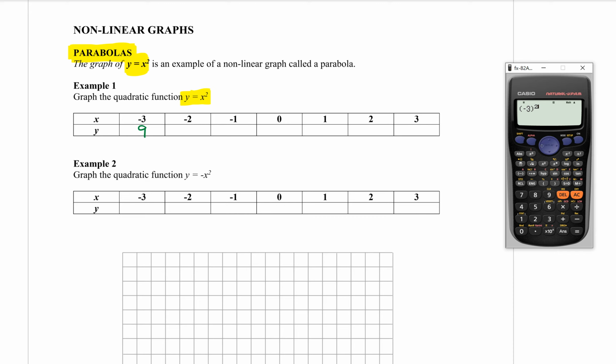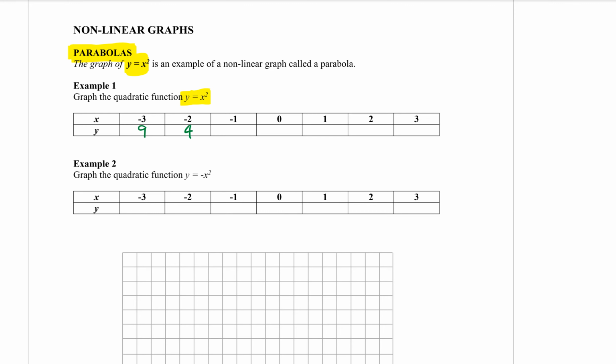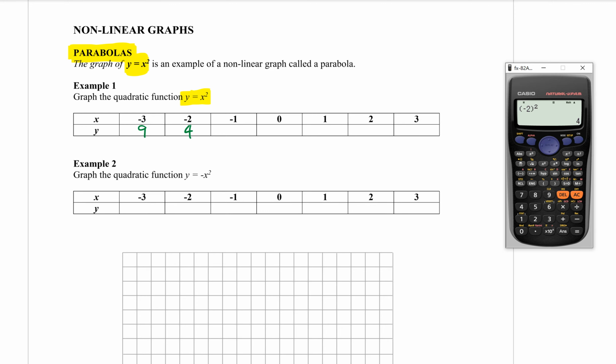Now I want to do my next value, so I'm just going to go backwards here and delete that 3 and turn it into a 2. So -2 squared is 4. Then I want -1 squared, which is 1. Then I want 0 squared.